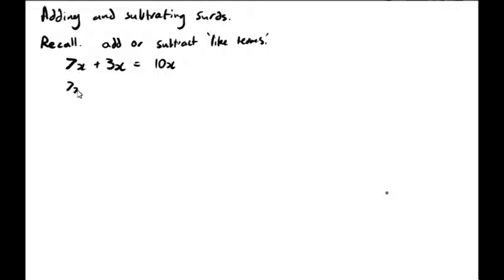But x squared and 3x, I would not be able to add, because we've got a different kind of term. That would stay the same. The same kind of thinking applies for adding and subtracting surds. So we can only add and subtract like terms, or like surds.